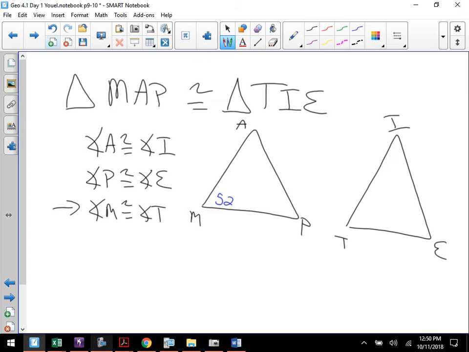And P is 36. What is the measure of angle T? What does it have to be? 52. Follow the letters. They gave you more information there than you needed to know.